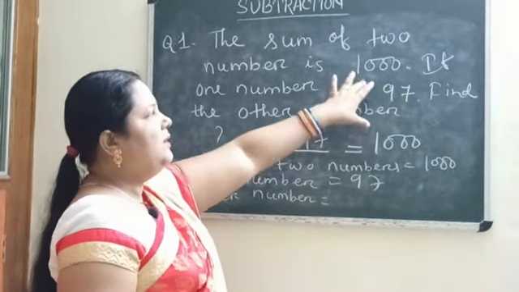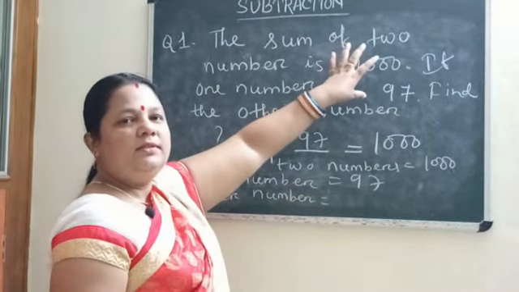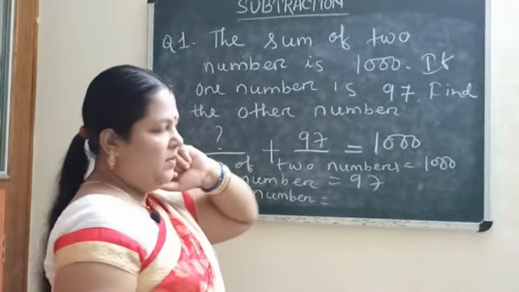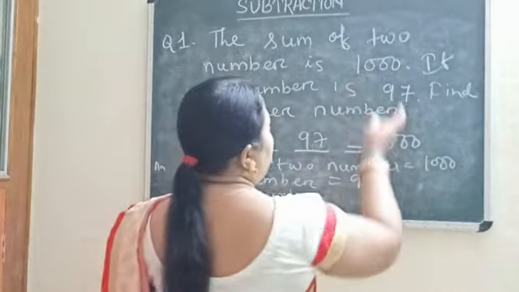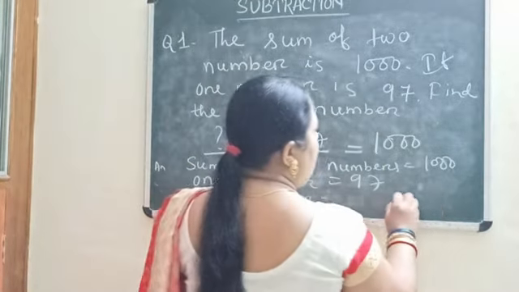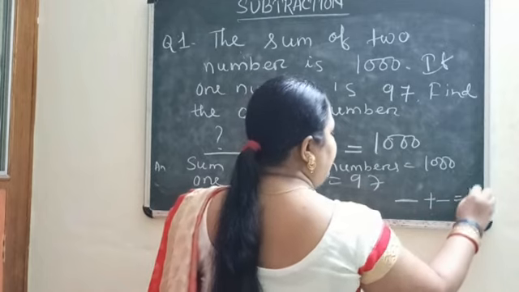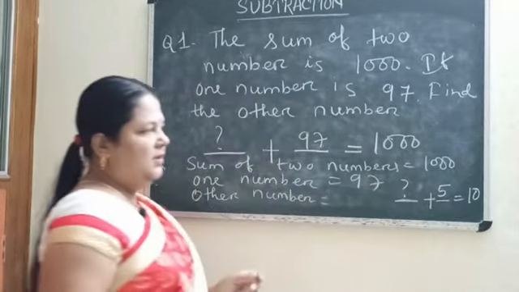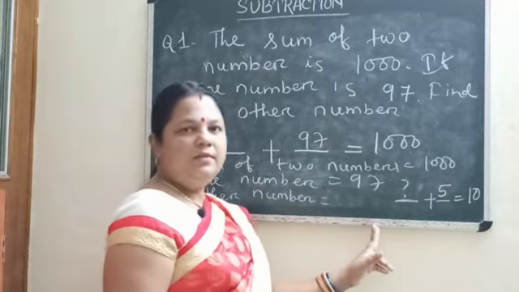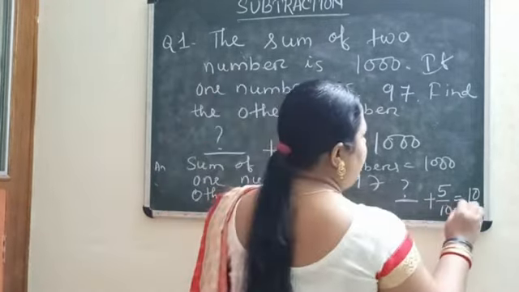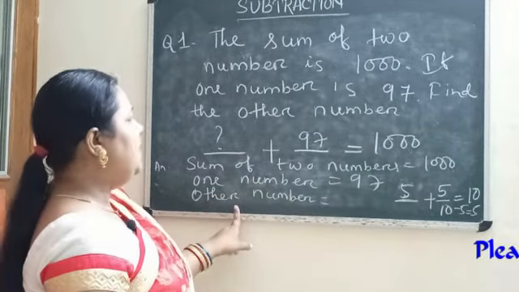So I have told you, don't think about that larger number. First you calculate using a smaller number. Suppose the sum of two numbers is 10. If this one is 5, then how much will it be? What to do? Then 10 minus 5, you will get 5.